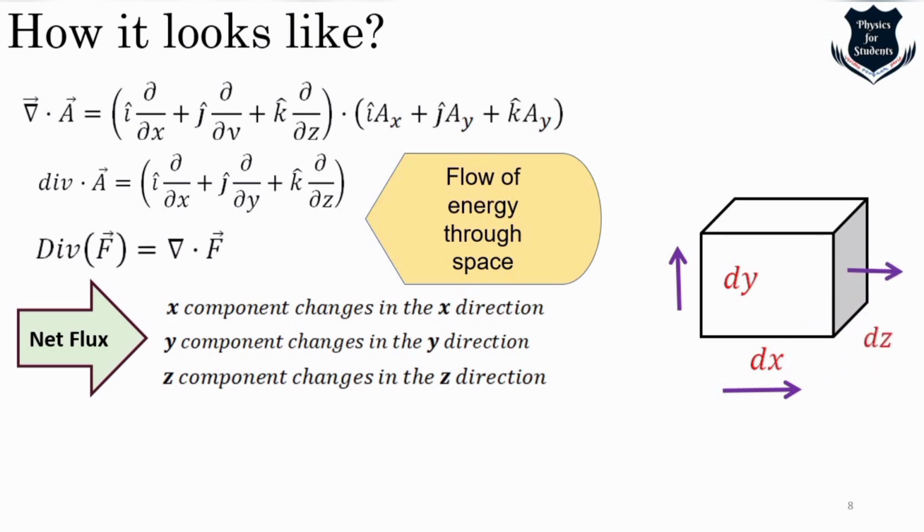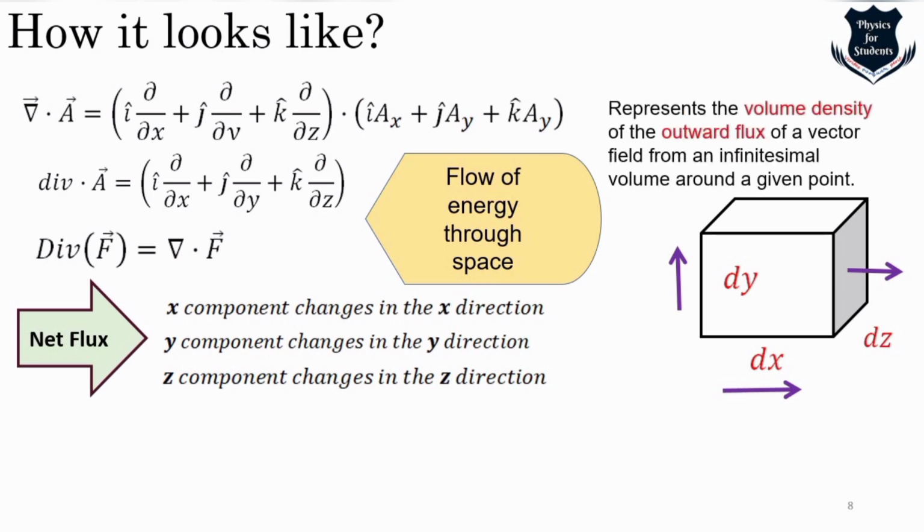So to get the net flux, we see how much the x components of flux change in the x direction, add to that the y components of the flux. Okay, so here is a definition. It represents the volume density of the outward flux of a vector field from an infinitesimal volume around a given point. So this is just a presentation, right?